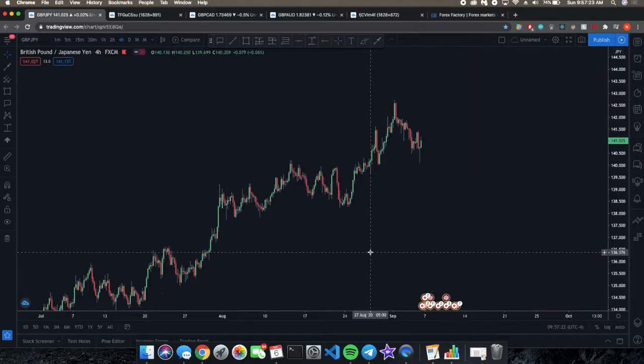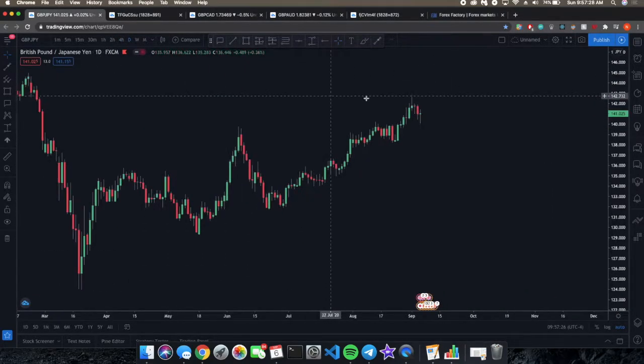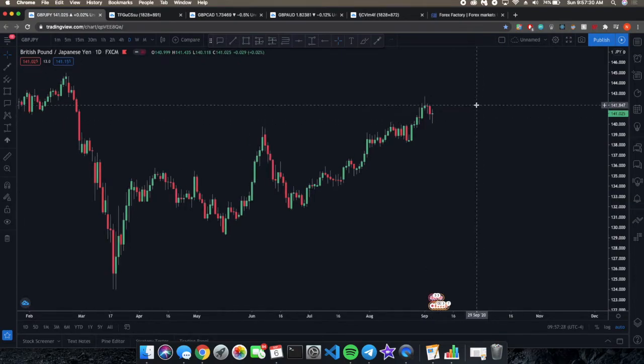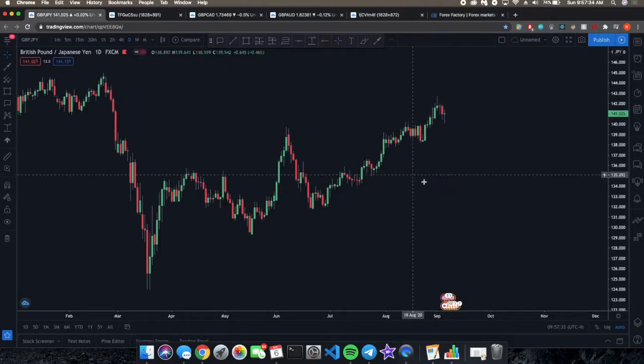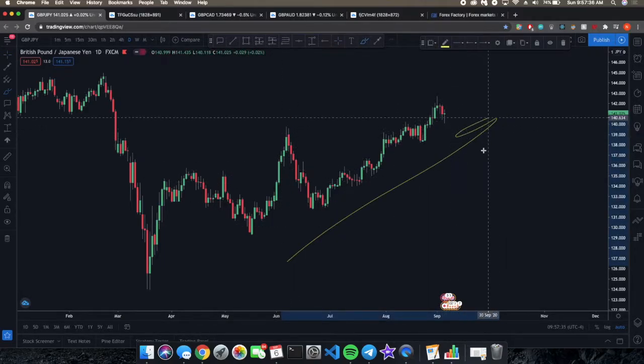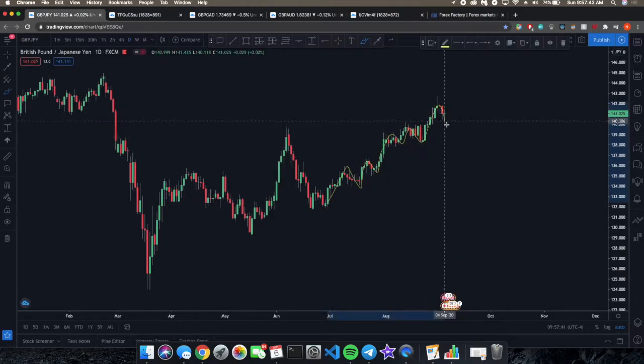Just remove drawings. Okay. So the daily is still continuing like this, right? We have that higher low, higher high structure, correct?